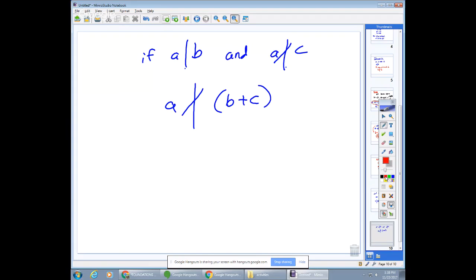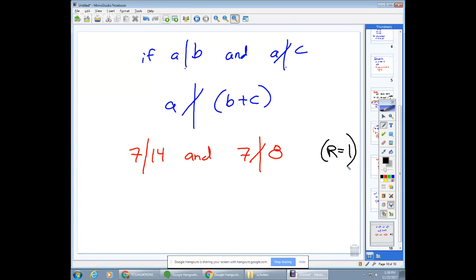So let's pick A to be 7 again. So 7 divides 14. And 7 does not divide 8. Okay. And in particular, we know for sure the remainder on this one is going to be what? 1, right? 8 is 1 7 plus 1 left over.